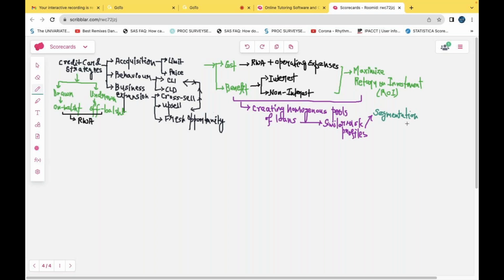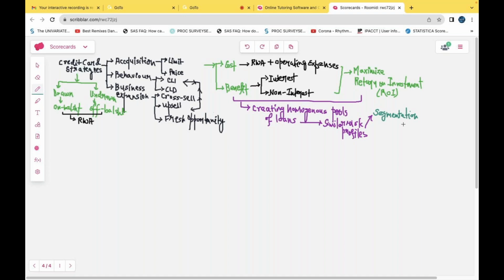The first thing you need to identify is who the borrowers are, who the fresh opportunities are, and then you need to dig a level deeper and understand that if I were to convert these fresh opportunities into my books, what amount of credit should I lend to them, and what is the expected ROI from each of these borrowers, right? So it's not only about identifying fresh opportunities, but also about assessing the overall business that would come from them.